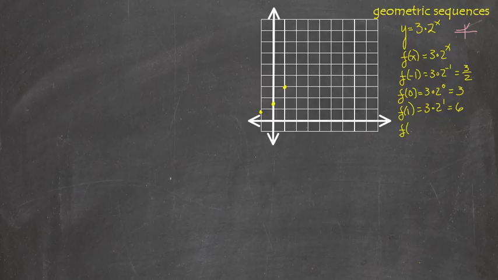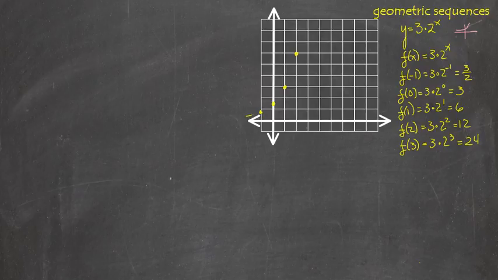The f of 2 is 3 times 2 squared, which is just 4 times 3, which is 12. 2, 4, 6, 8, 10, 12. And I think I'm out of values on the graph. Let's just see. 3 times 2 cubed. So 2 cubed is 8 times 3 is 24, and that's off my graph.